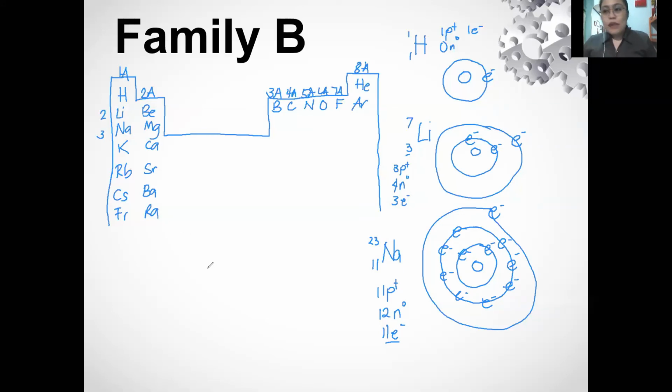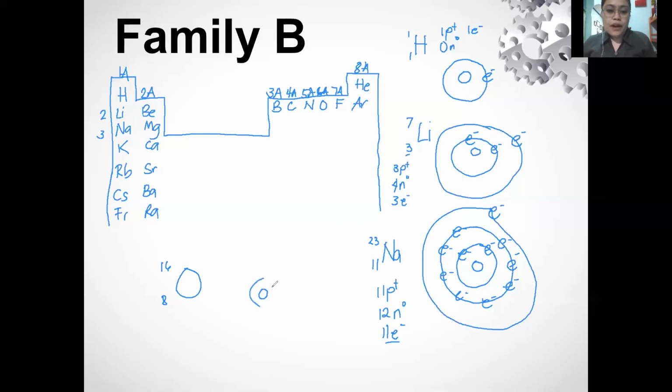Let's have an example that is not 1. Let's look at oxygen. Okay, oxygen belongs to group 6A. And oxygen is in period 2. So, let's draw oxygen here. The atomic number of oxygen is 8. And then its mass number is 16. And then again, it belongs to period 2. Therefore, aside from the nucleus, you will have 2 energy shells.